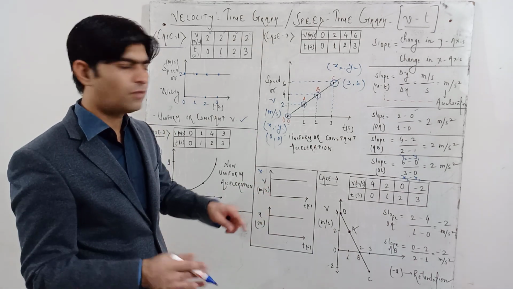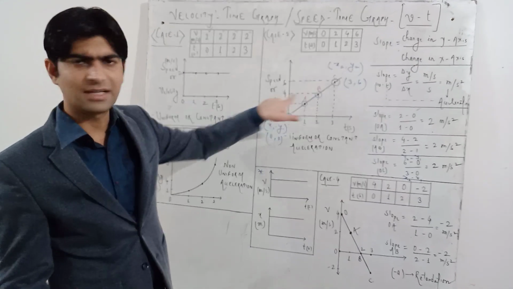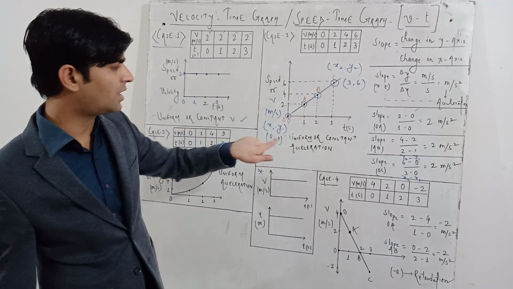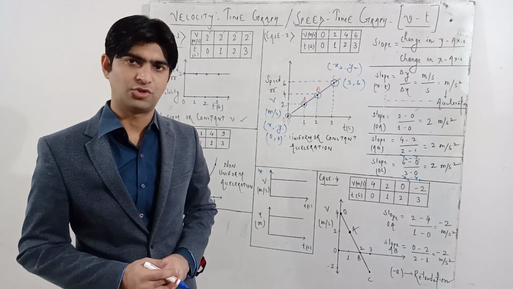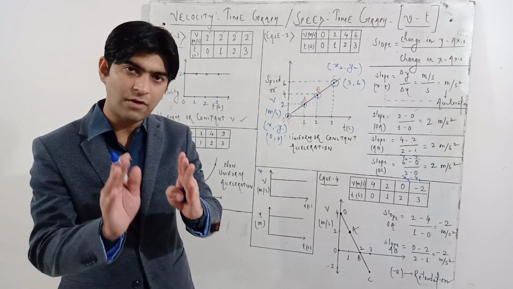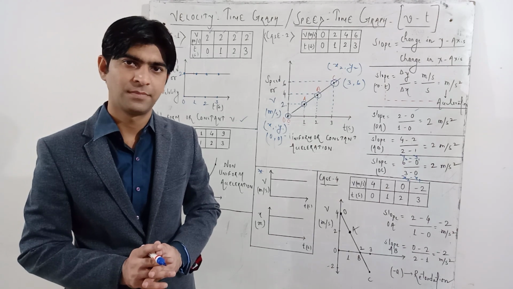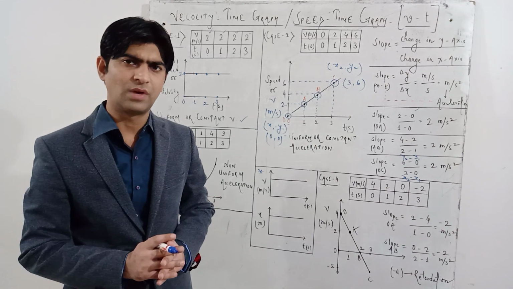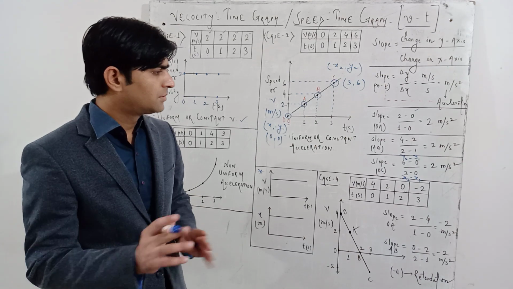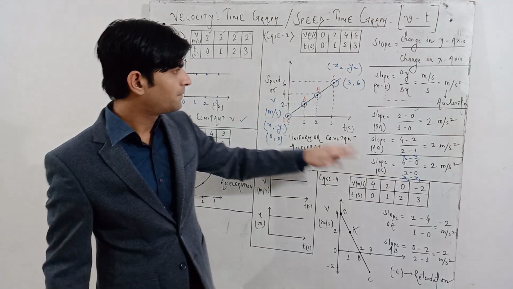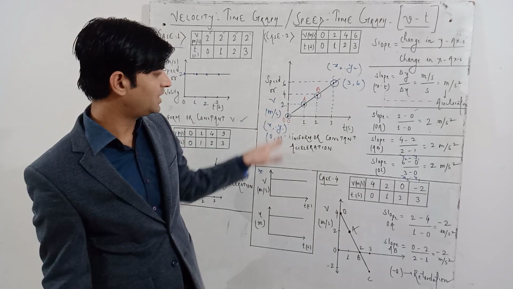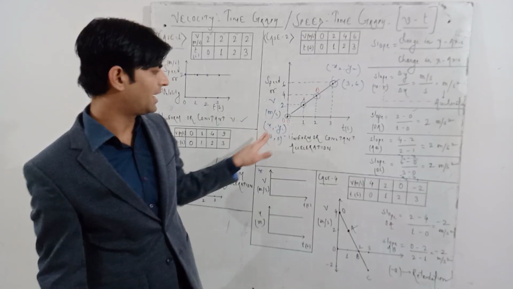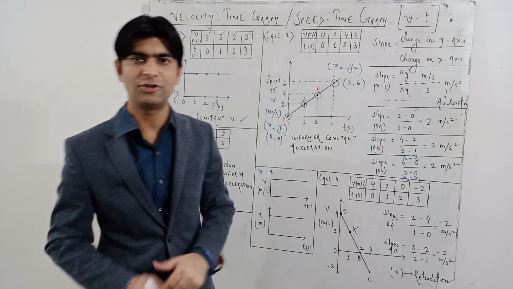So either you follow the first method, writing the corresponding points, or you first mark the coordinates and just write the formula y2 minus y1 upon x2 minus x1. But carefully you have to plot the coordinates. So if you see the slope here, y2 minus y1, that is 6 minus 0 upon 3 minus 0, x2 is 3 and x1 is 0, again you are getting 2 meter per second square.